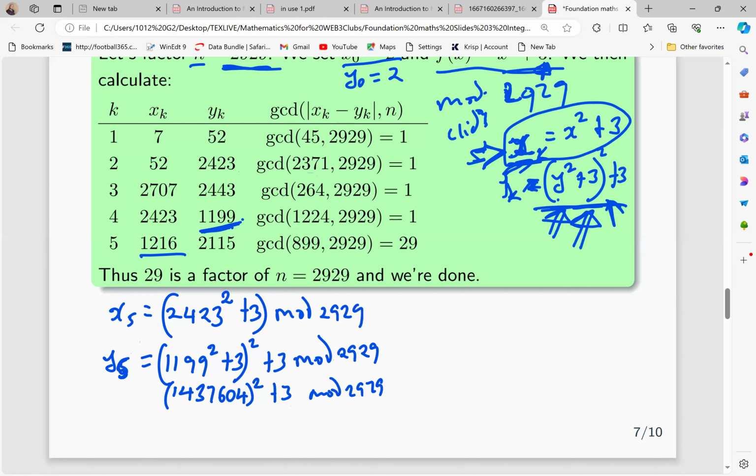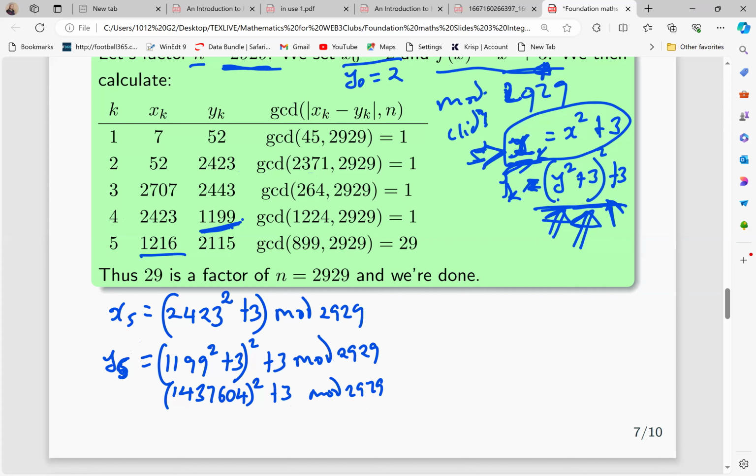The remainder is 2394. This is now the number to square, and then reduce mod 2929.